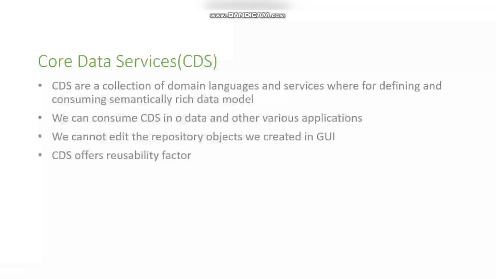That means it has stricter checks and is easily understandable for the user. In the system, we have annotations and syntax checks, all of which make CDS a richer data model.